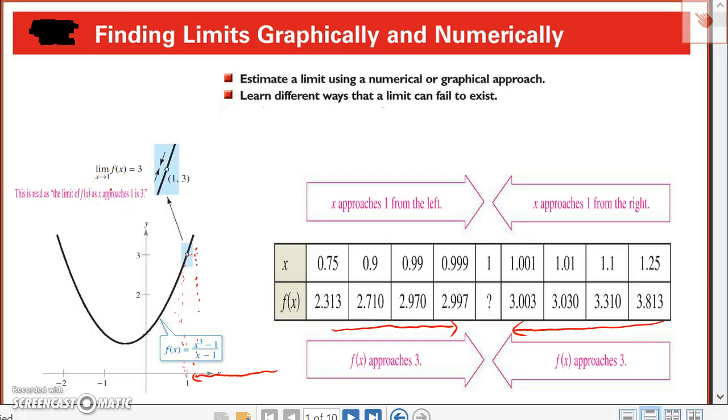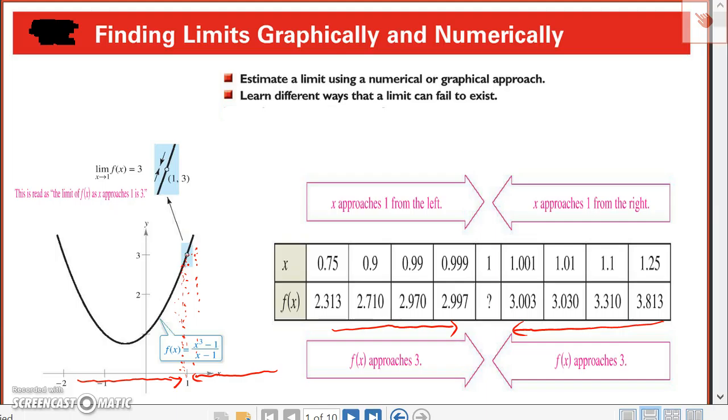So we're going to look at each side as x approaches 1 and find out what the y value is. As this function gets closer and closer to 1, if we look up here, we see that it is approaching 3. It's getting closer and closer to 3 on the y-axis, or the y value.